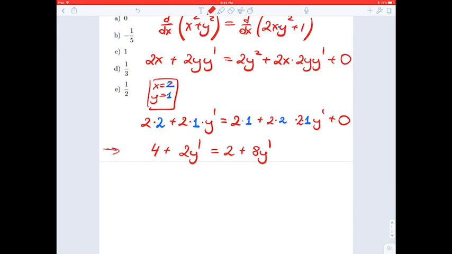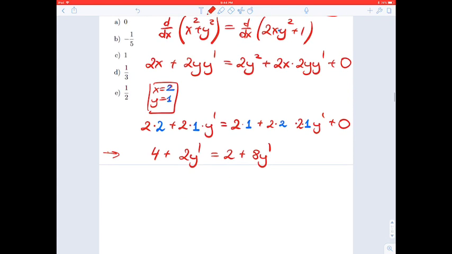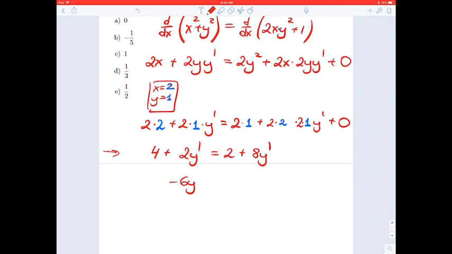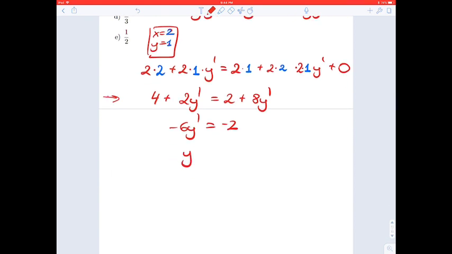Probably you can do this step right away, but I wanted to show you that I'm substituting the given point instead of x and y. And then subtracting 8y prime from both sides, I have negative 6y prime, and subtracting 4 from both sides, I have negative 2.